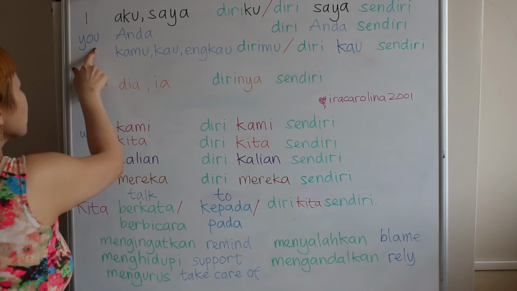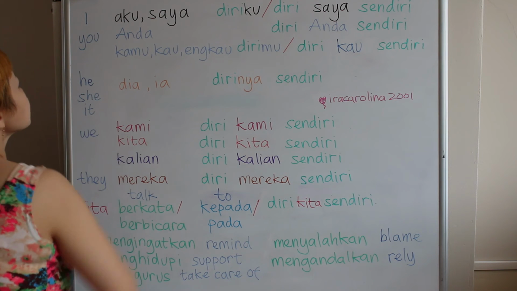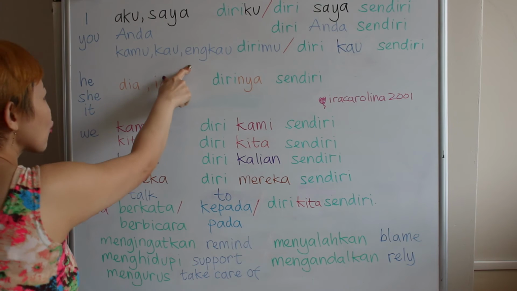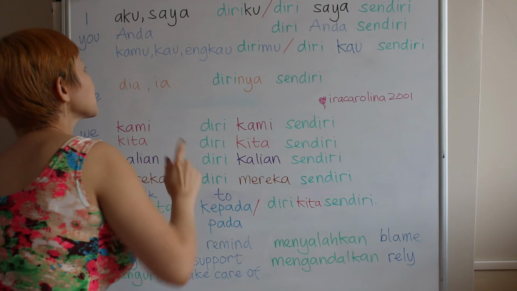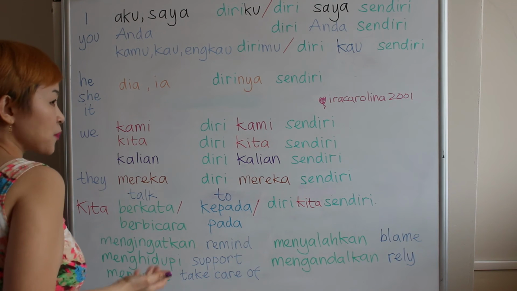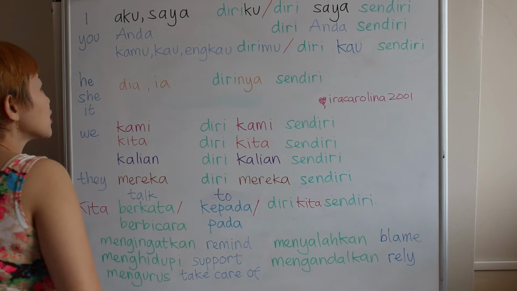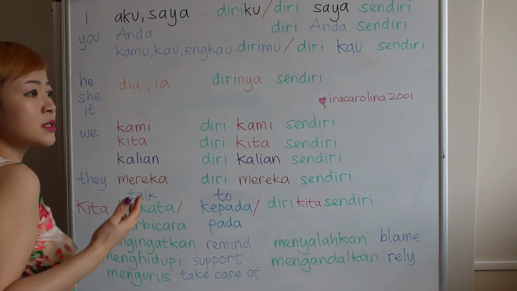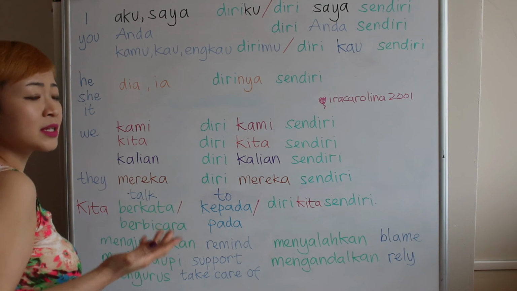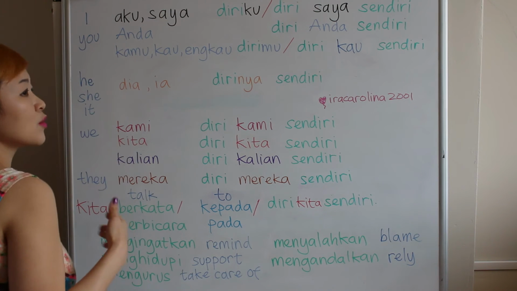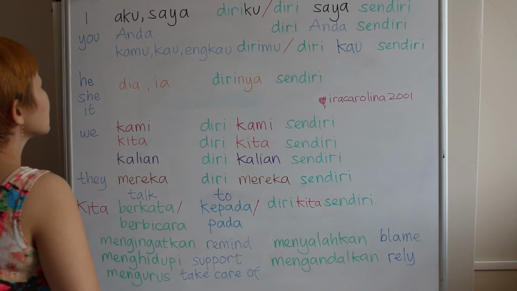For you, we have anda, and we have kamu, kau, engkau. Anda is for polite, for someone you respect, or for your senior. It's like also my professor in the class, when he gave the lecture, he called the student with Anda to show he respect them.